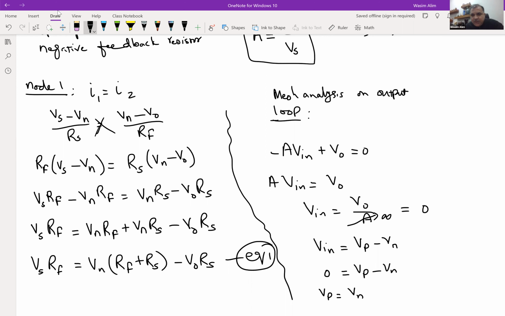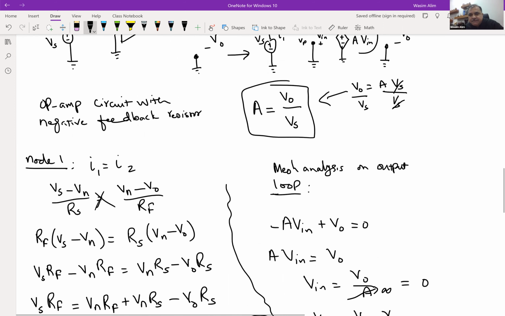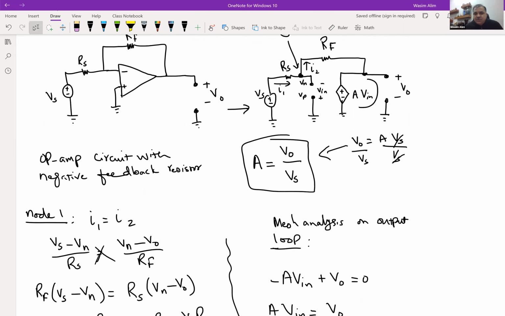But if you look at the circuit more carefully, what is VP connected to? VP is connected to this ground, and ground is at 0 volts, right? So VP is connected to ground.